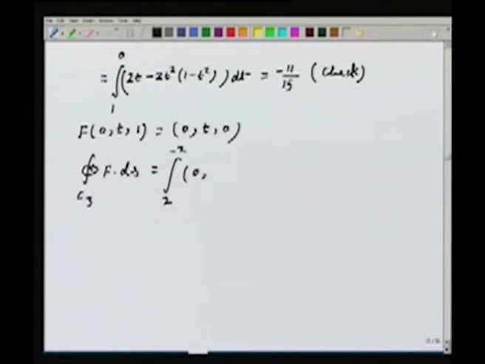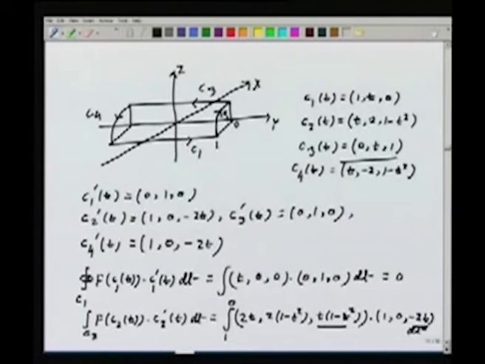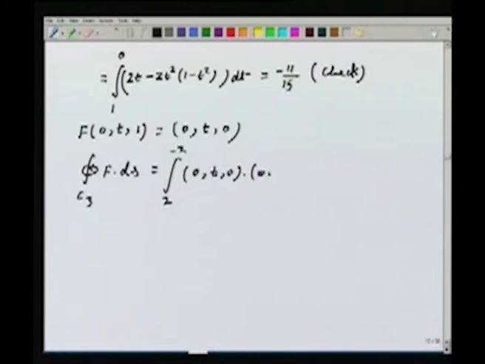F of C(t), that is (0, t, 0) dot, now I need C3 prime t. So this is C3 prime t, (0, 1, 0), then dt. So this is the integral from 2 to minus 2 of t dt. This is an odd function whose integral I am doing from 2 to minus 2.